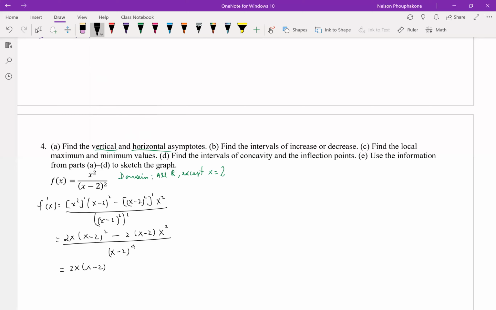I would like to factor out the 2x, x minus 2. Then I will have x minus 2, then minus x. And of course, x minus x is equal to 0.